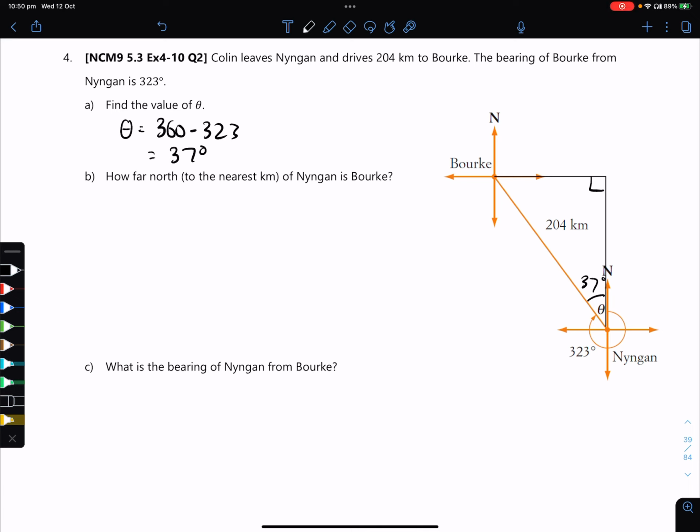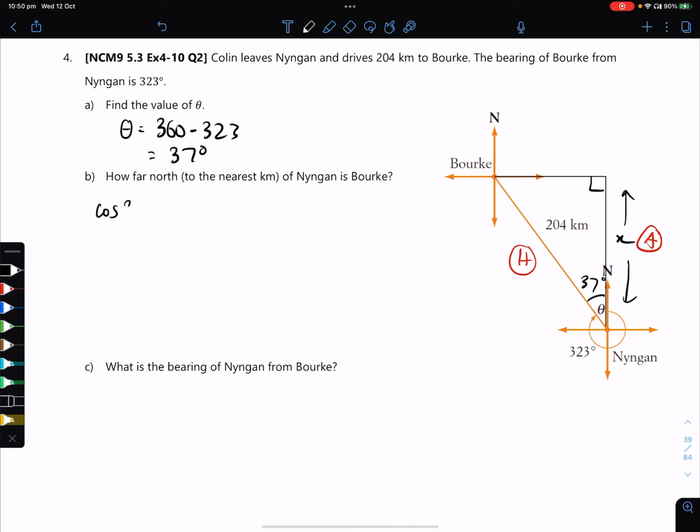Okay, so we'll call this x because it's asking how far north, which means it's the vertical direction. So that is our adjacent side, which is right next to our theta and our 90-degree angle. And we've got 204, which is our hypotenuse. So if we use cosine ratio, we'll be able to find x.